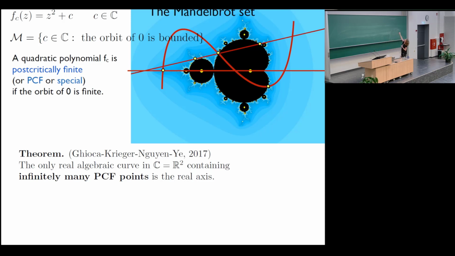So if I take any other real algebraic curve, unless it contains the real axis as a component or is the real axis itself, there will only be finitely many of these special dots. So the real axis really and truly is special. Really and truly, the real subfamily does play some kind of special role.